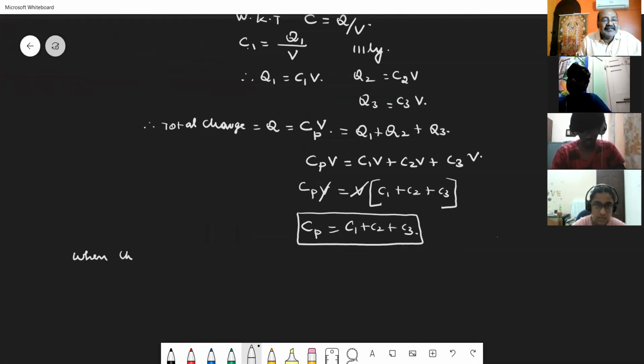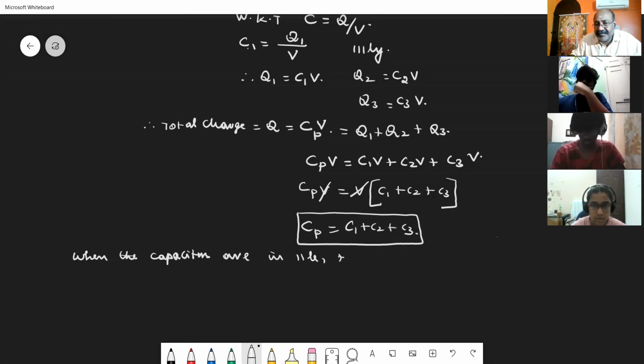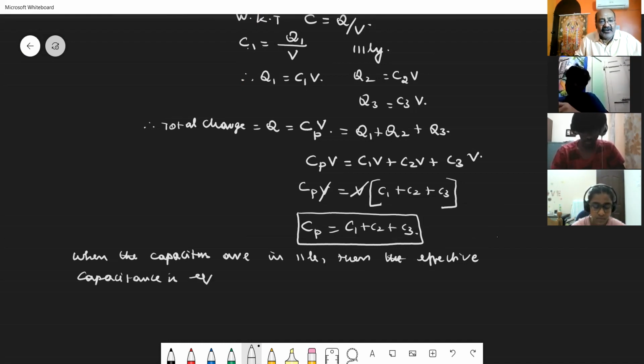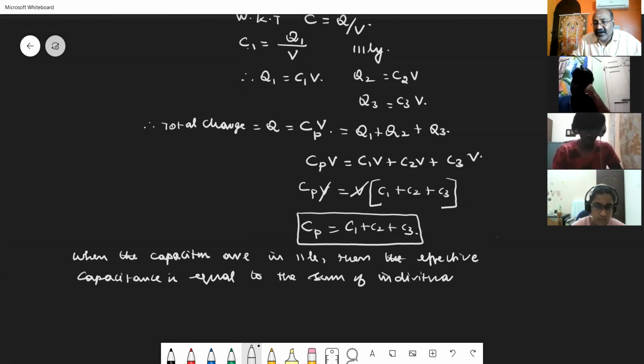When the capacitors are connected in parallel, the effective capacitance is equal to the sum of the individual capacitances.